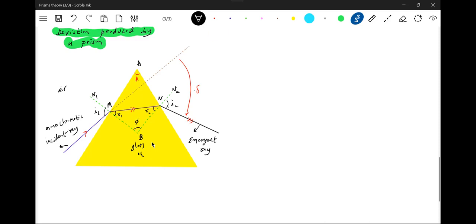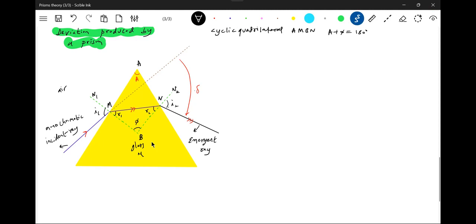So we have a cyclic quadrilateral AMBN. In a cyclic quadrilateral, the sum of opposite angles should be equal to 180 degrees. Therefore, A plus phi should be equal to 180 degrees.